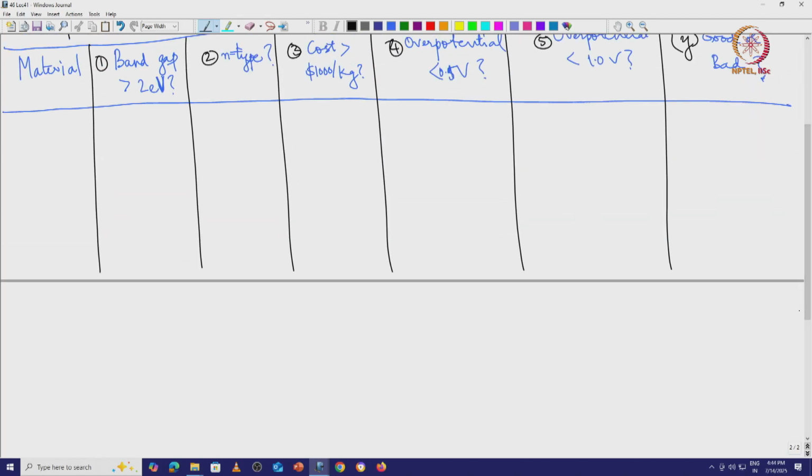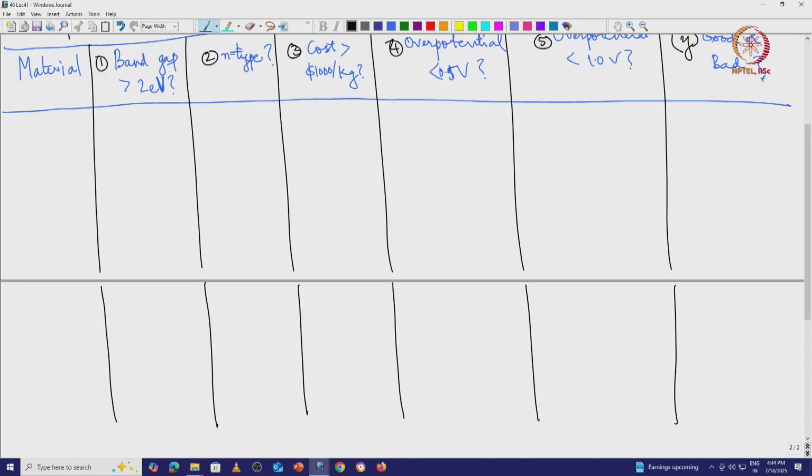Okay. So let us go ahead and start populating the data that has been given to us in this data set. The first material that has been told to us is known as nickel oxyhydroxide, NiOOH. For those of you who are a little far away from chemistry, it is okay, you can just call these materials A, B, C, D and so on, and it will not make a difference to you.